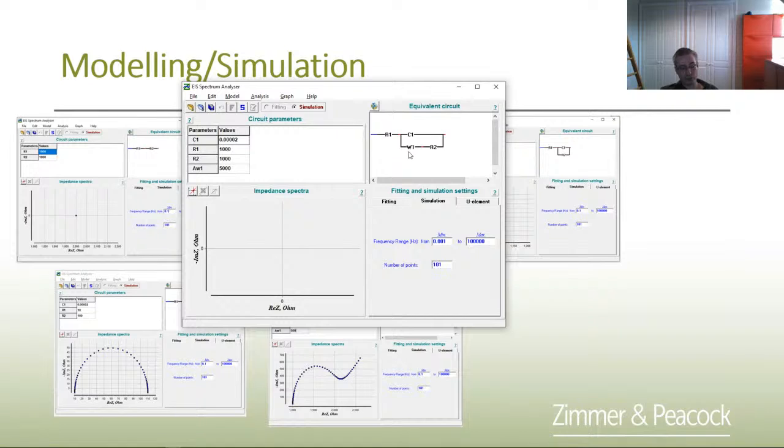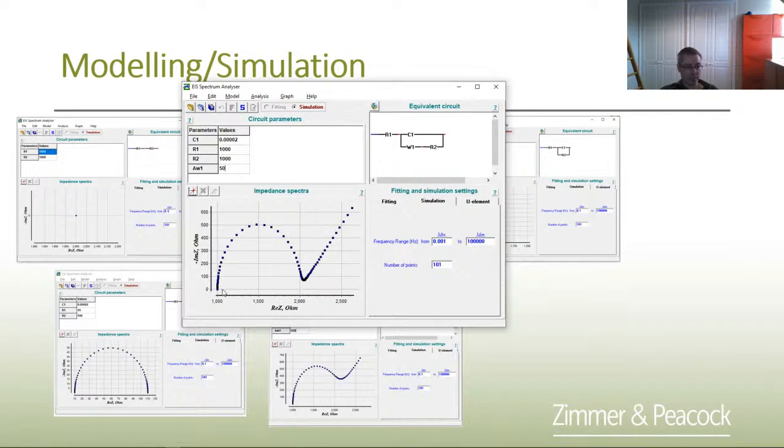This is a diffusion element. This is talking about molecules that are diffusing in and out of the electrodes. Let's simulate that. I'll just change this down to about, oops. And now we get a Nyquist plot that's quite classical.